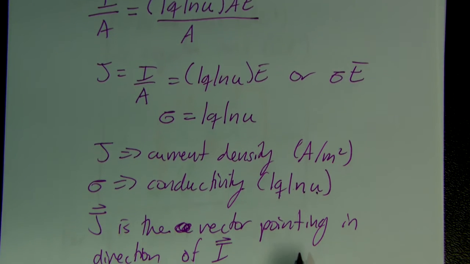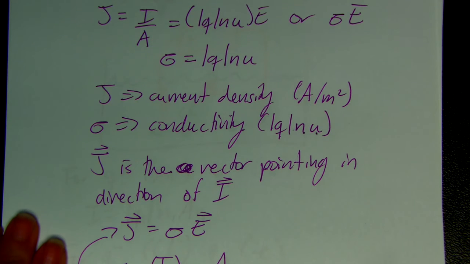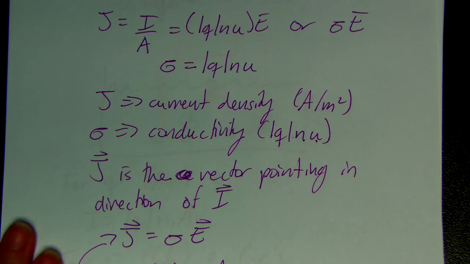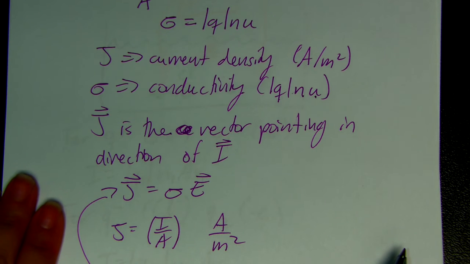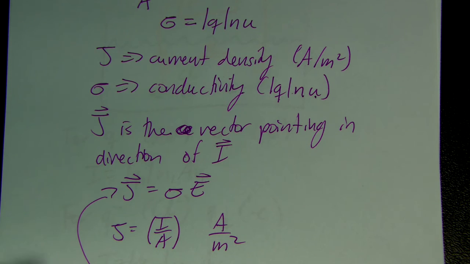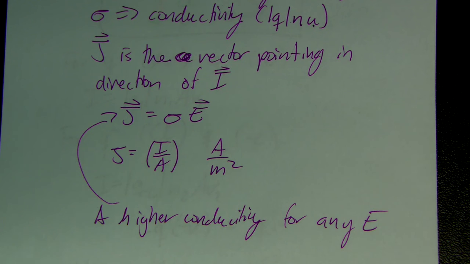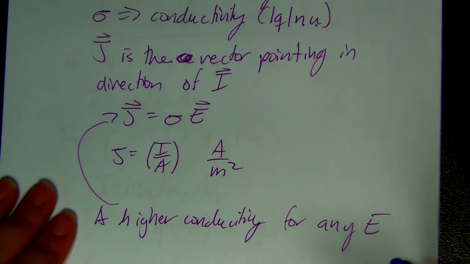And the vector J is the vector pointing in the direction of conventional current I. And we typically write J is equal to sigma E. And as J is also equal to current divided by cross-sectional area, the units are amps per meter squared. Basically, conductivity is determining what E is going to do to any material in terms of running a current through it. So a higher conductivity is going to do different things than a lower conductivity.